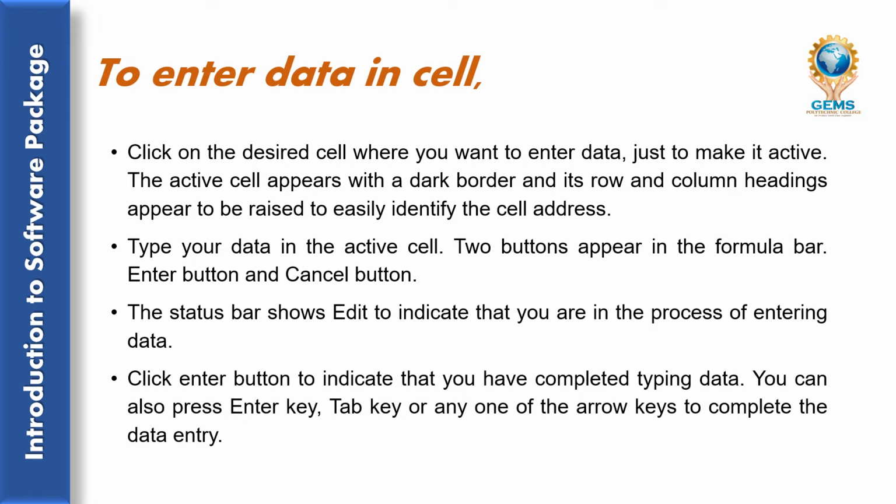Two buttons appear in the formula bar, the Enter button and the Cancel button. The status bar shows Edit to indicate that you are in the process of entering data. Then you can click the Enter button to indicate that you have completed typing data. You can also press the Enter key, the Tab key, or any one of the arrow keys to complete the data entry.